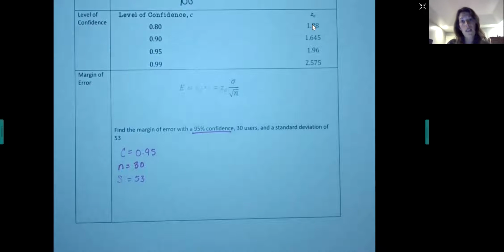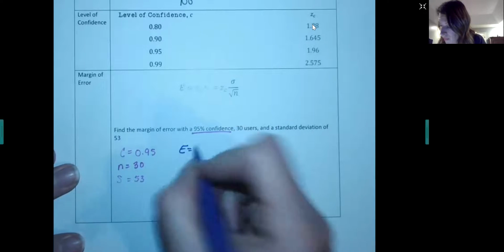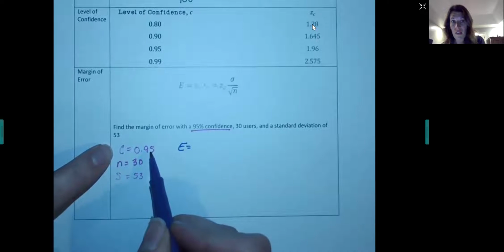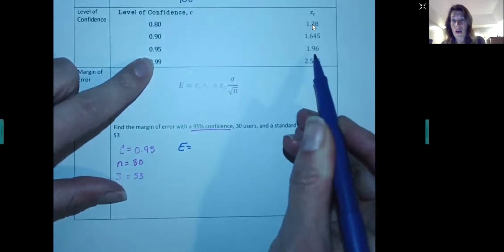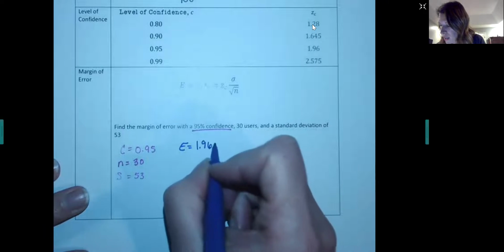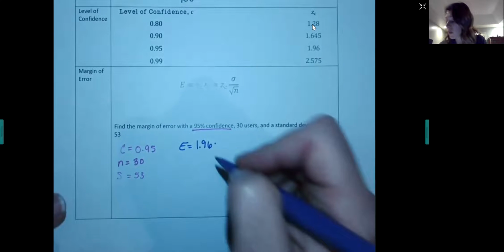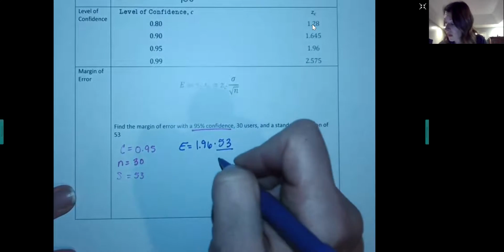So I'm going to find my margin of error. If I have a confidence of 0.95, that is going to give me a z-score of 1.96. So my margin of error is 1.96 times my standard deviation, 53, divided by the square root of n.